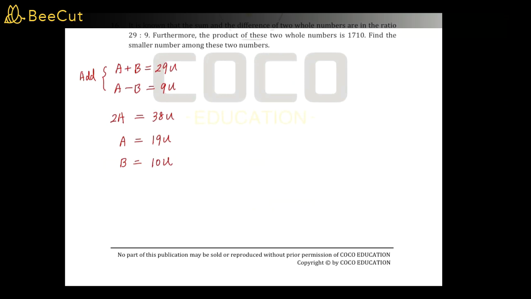The product of them is 1710, so 19U times 10U equals 1710. This is 190U squared equals 1710. So divided by 190, we get that U squared equals 9.